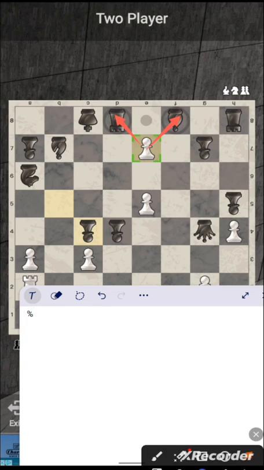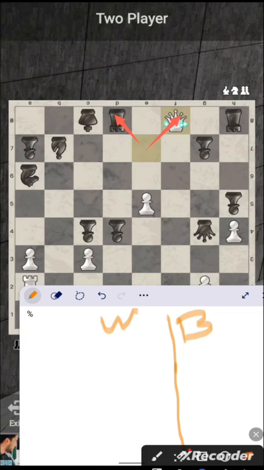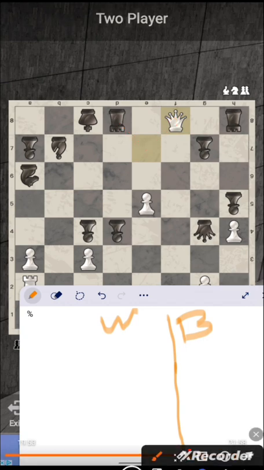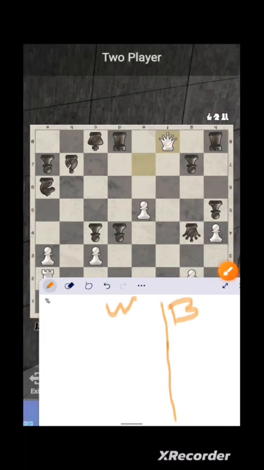So how we are going to represent this promotion, that we are going to learn over here. Let me just do it: w for white, b for black. We have done the promotion. So if you see, the promotion is done. Now basically the pawn is promoted to a queen.